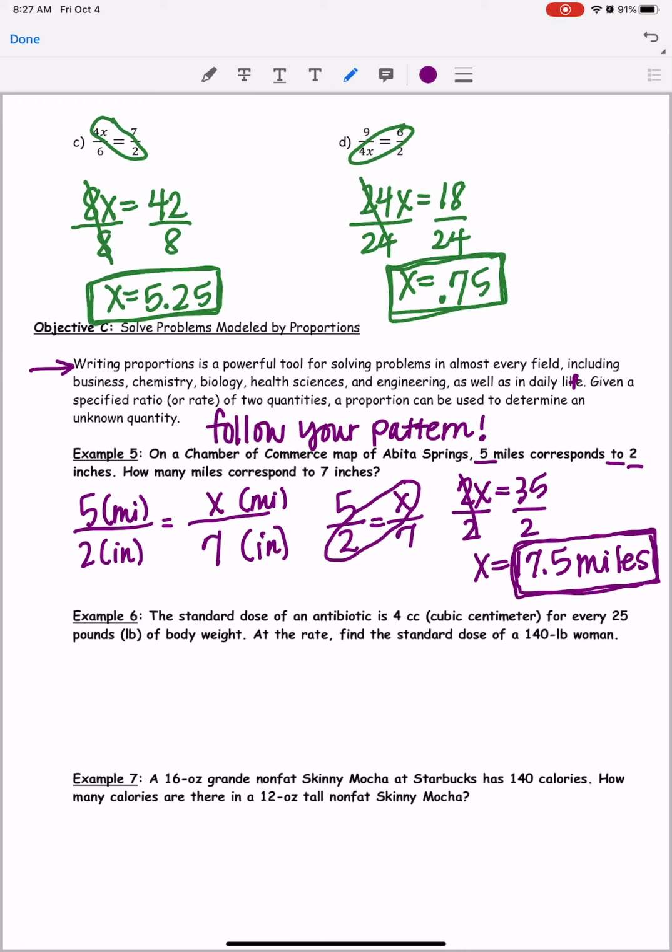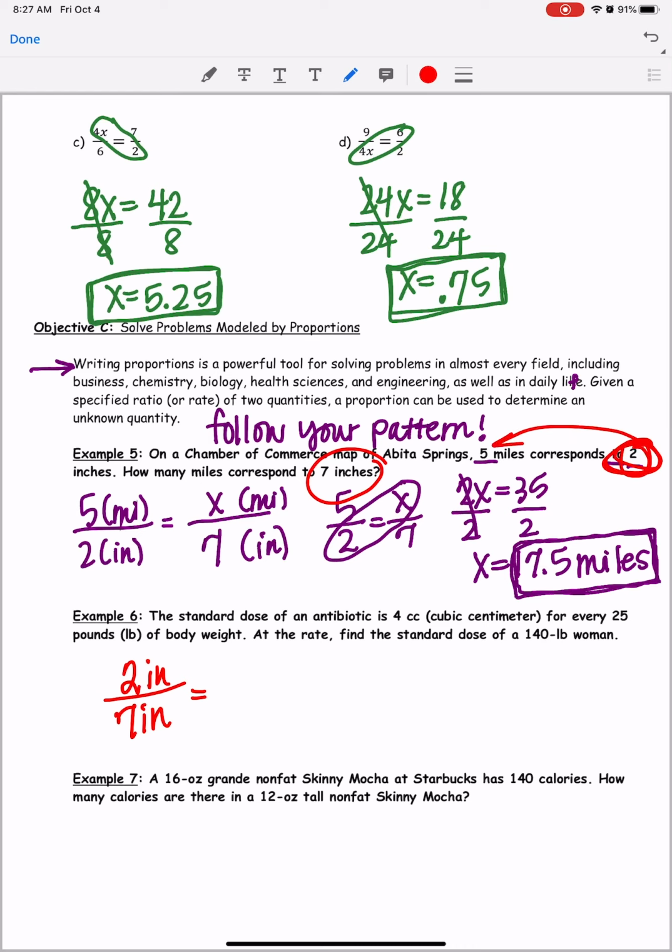Okay, so I said I would show you another way to do this. And I'm going to end up erasing this, so you might not want to write it. But let's say I did inches to inches, right? Let's say I did 2 inches to 7 inches. What did this 2 go with?